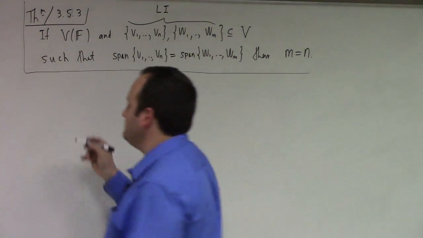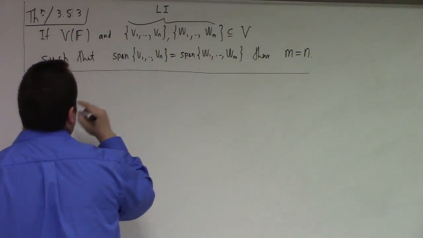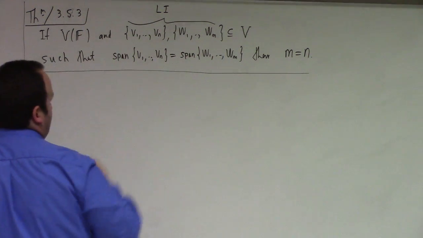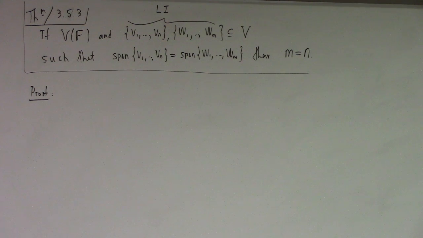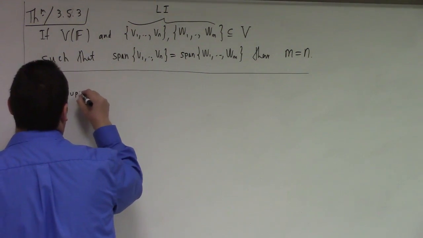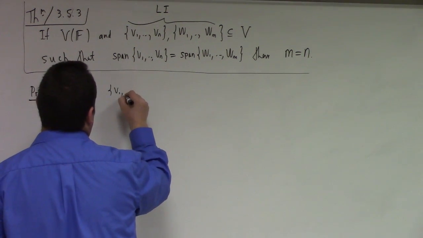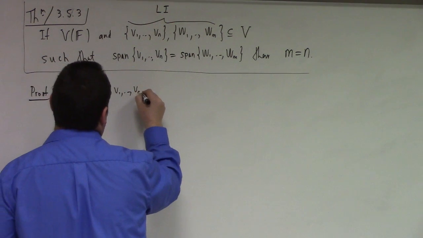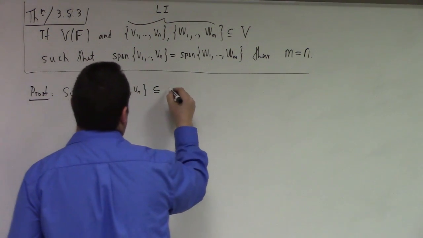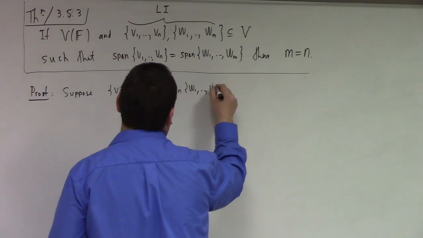So how's the proof go here? Suppose that we have, as the theorem states, these two linearly independent sets, all right? And let's suppose that, of course, V1 through Vn is a subset of the span of W1 through Wm.